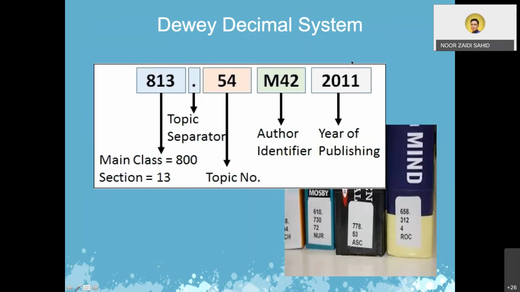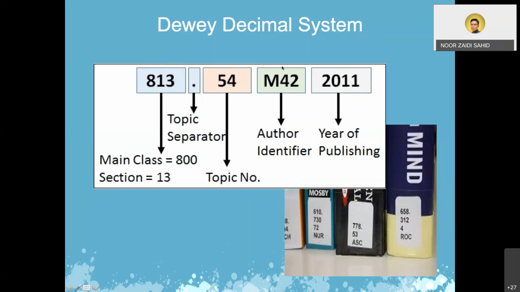But at the back, it actually depends on the library itself whether they want to use it or have another system. In this case, if you notice, the library uses ASC, NUR, ROC. What are these? These are actually the first three characters of the author name.